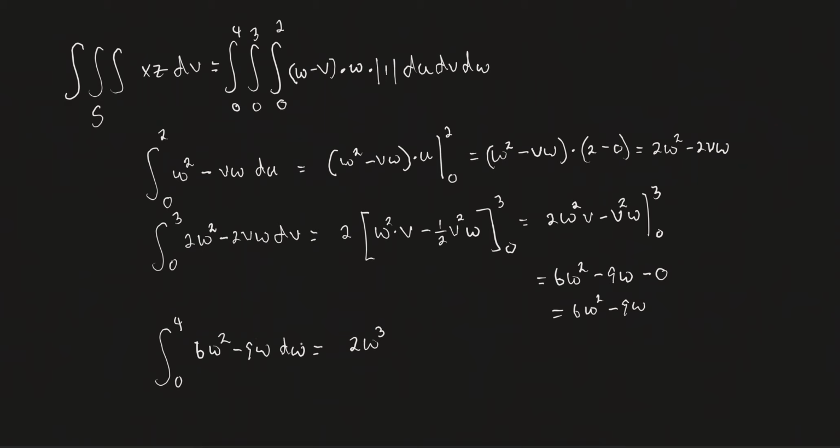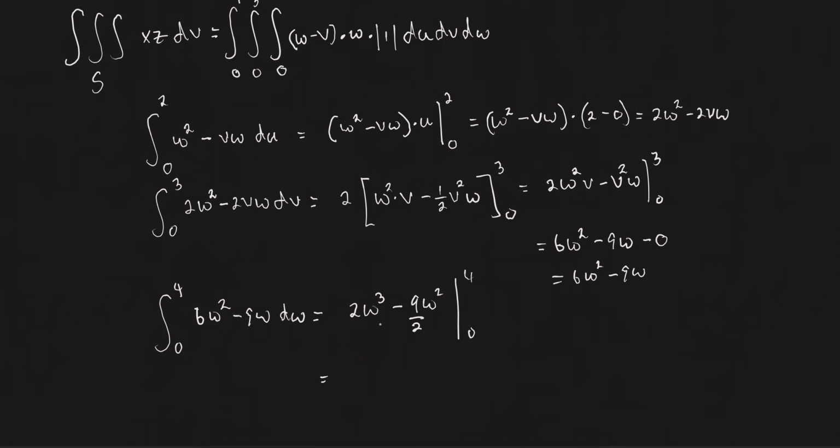Power rule on this one gives me minus 9w squared, or we could say 9/2 w squared, and then that's from 0 to 4. So what do we have here? So it's 2 times, so 4 to the 3rd power is 64, minus 9 over 2, 4 squared is 16, and then, so that's at the upper limit. Again, at the lower limit, everything is 0, and then that evaluates down to a nice 56.